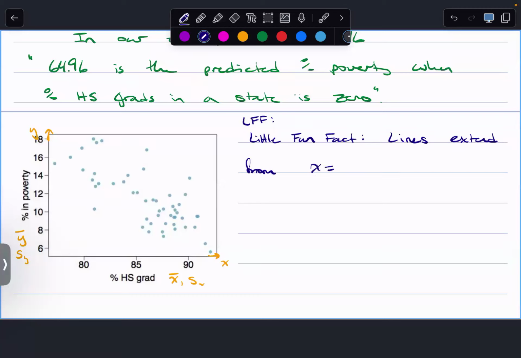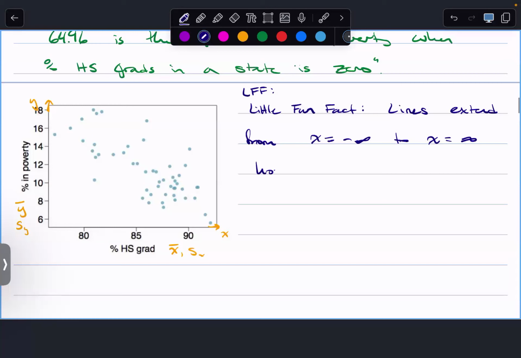Can't get to there, so the equals is kind of weird, but you'll forgive me, I think. All right, that's just how lines are. They just keep going and going and going. Okay.